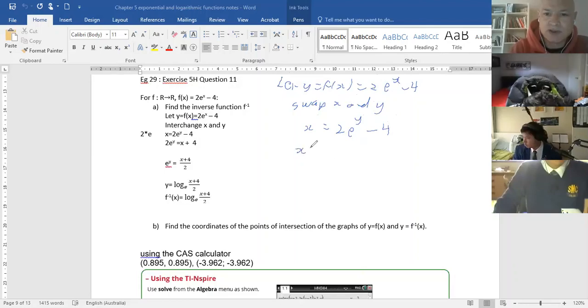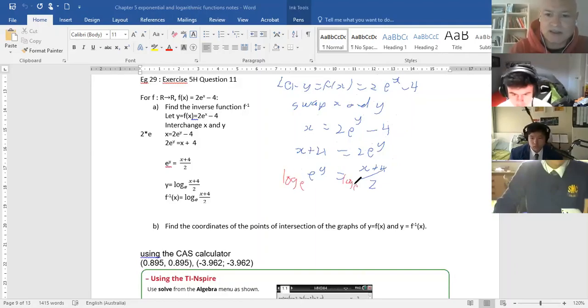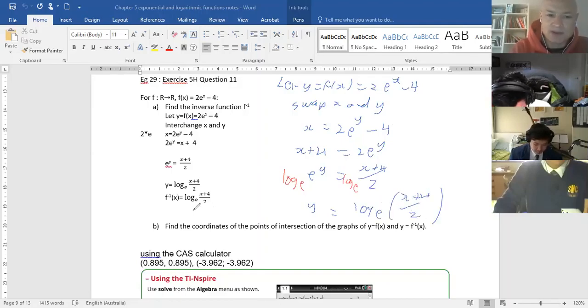Bring the 4 across, we get x plus 4 equals 2 e to the y. Divide by 2. And the only way to get rid of this is to take log base e. And of course, log base e here. So we get y will equal log base e of x plus 4 divided by 2, which is what I've got there.